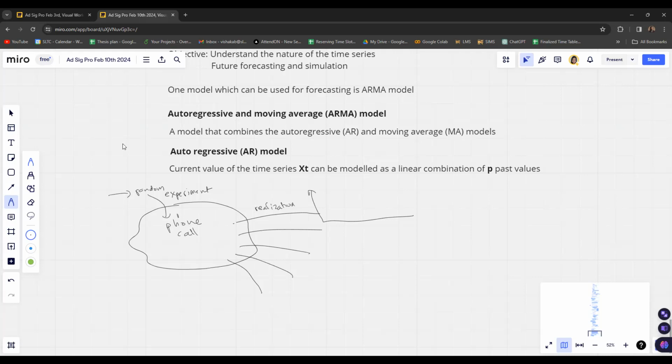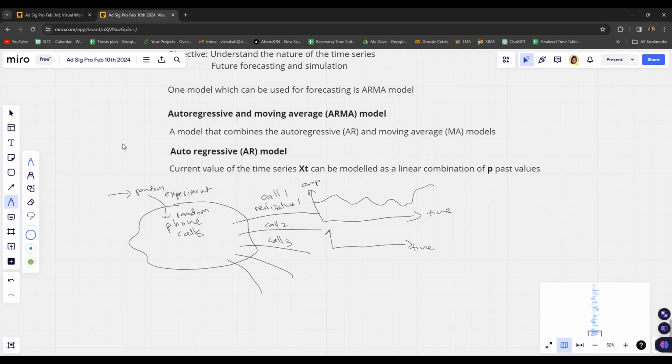So you are going to take random phone calls over multiple times. The first call will be one realization, call two will be another realization, call three will be another realization. Likewise, all the different random calls we call different realizations. For those different realizations, you will obtain amplitude versus time plots for the received signal strengths, right?